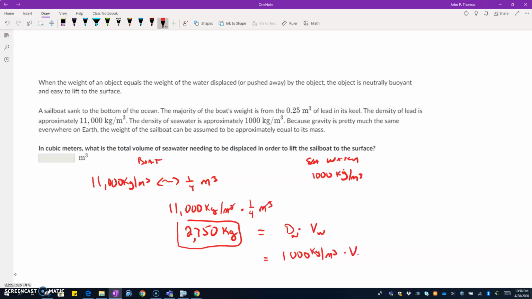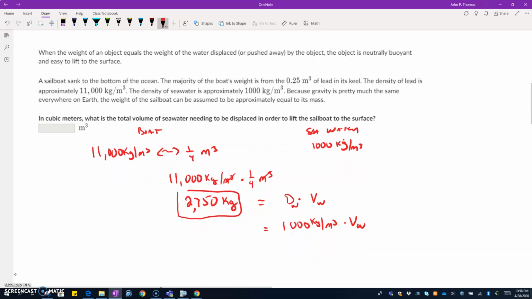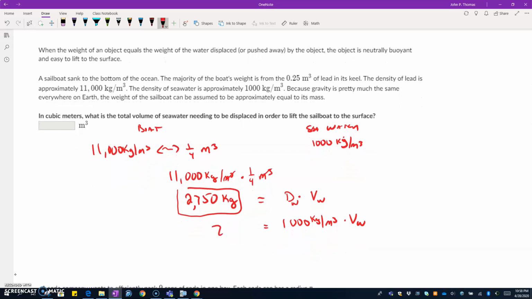But we don't know the volume of water that we need to move. So I set up this equation where those two are equal, because that's what they told us, that those two have to be equal in order for us to have a neutrally buoyant object. So I'm going to divide by the 1,000 on each side.